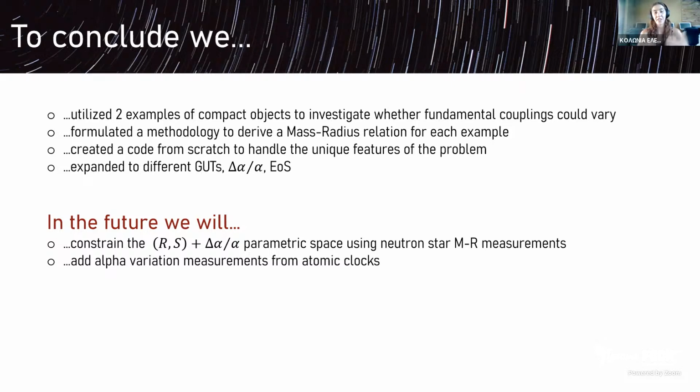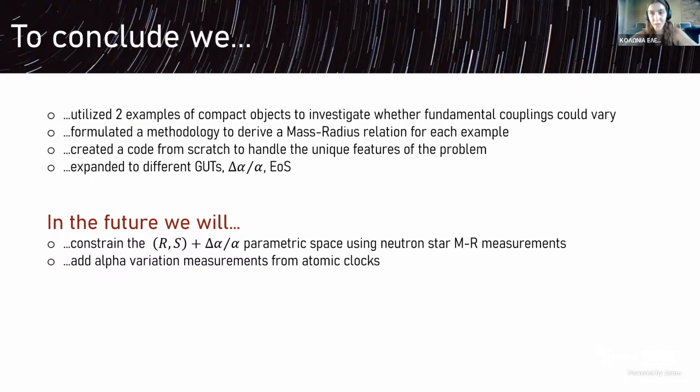And then we created a code from scratch to actually handle these unique features of the problem, which is the numerical equations of state or different models that we used in cosmology and particle physics. And then we tried to expand that to different grand unified theories and different values of variation of alpha, and also different compact objects, different equations of state.